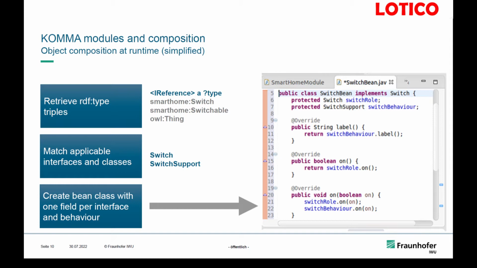And if both components, the interface and the behavior, implement a method, for example, because it is annotated with an IRI annotation, then those methods are chained. But I don't want to dig too deep into those concepts, so I continue to the next slide. I hope you get a first impression of how this composition works in KOMMA.